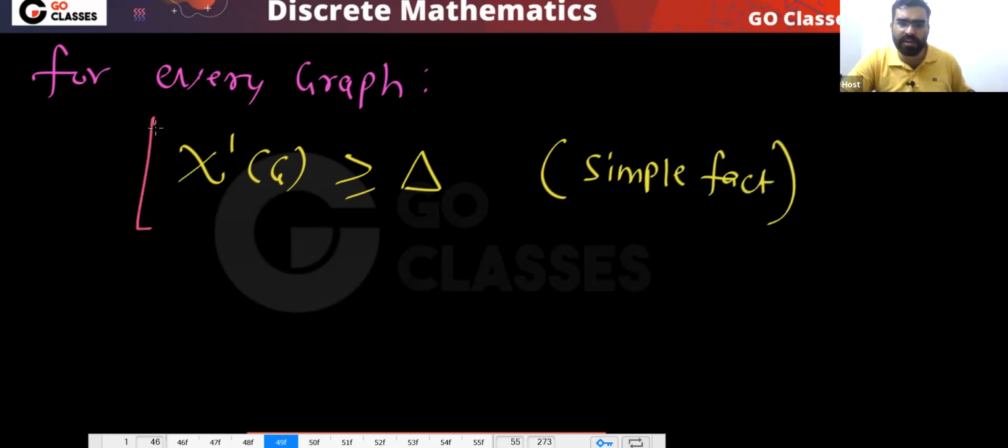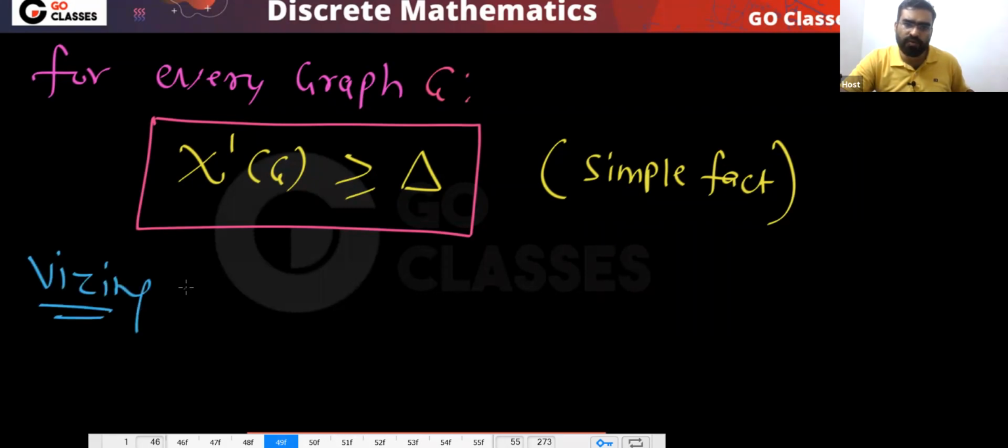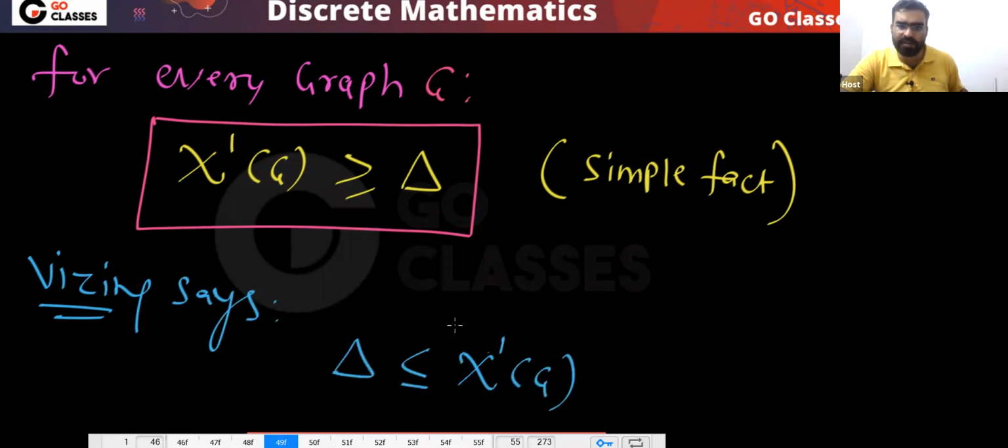This should happen for every graph, and we have already seen it. And what Vizing says is that yes, that is fine, this will happen. But the maximum can be delta plus 1.